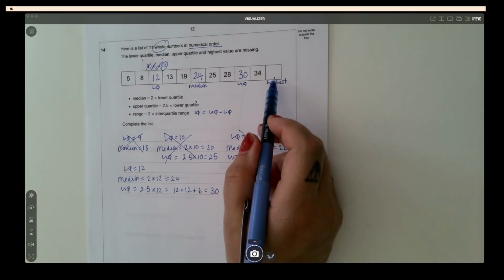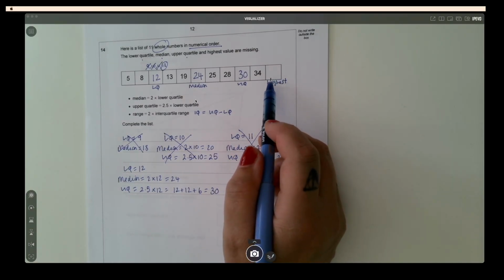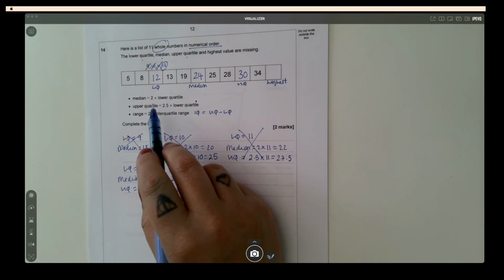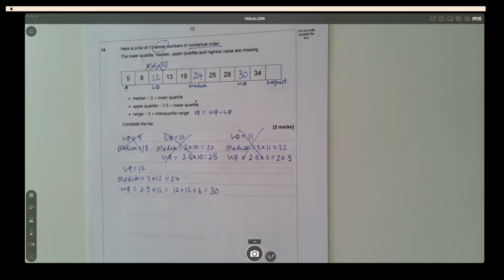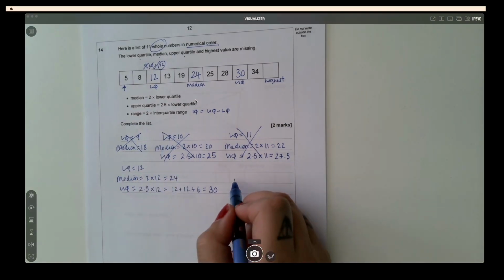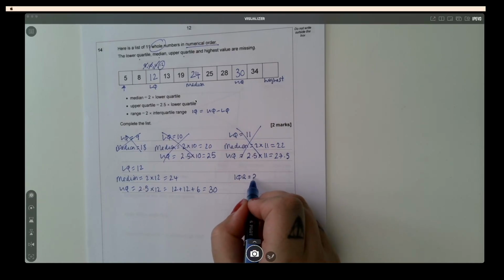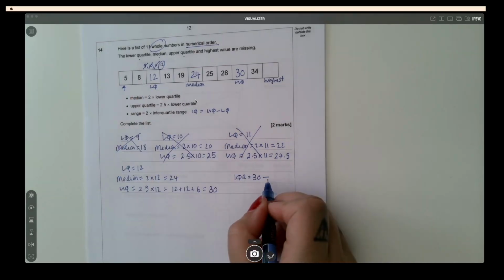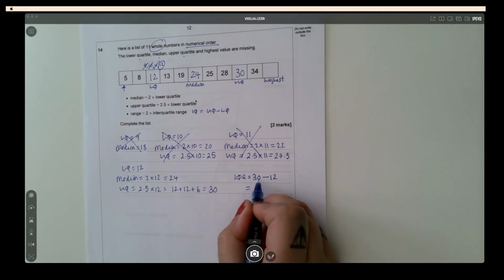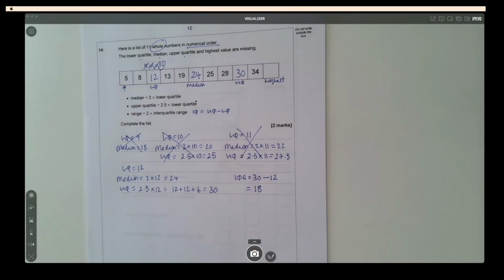The highest value we can find if we know the range, because the range is the biggest take away the smallest, and we know what the smallest value is. But to find the range, we need to use the interquartile range. The interquartile range is the upper quartile 30 subtract the lower quartile 12, so 30 subtract 12 is 18.